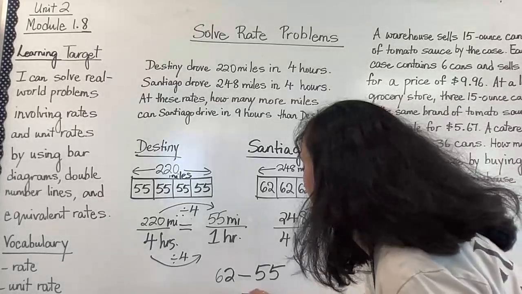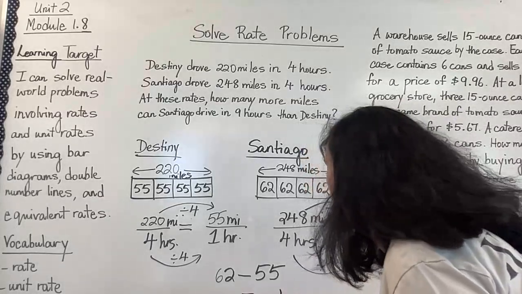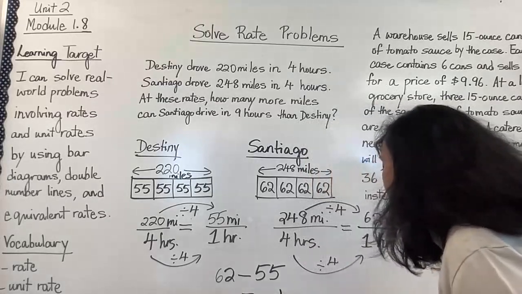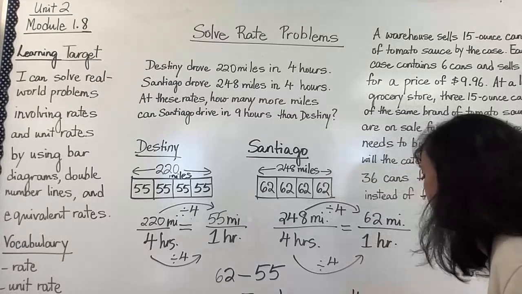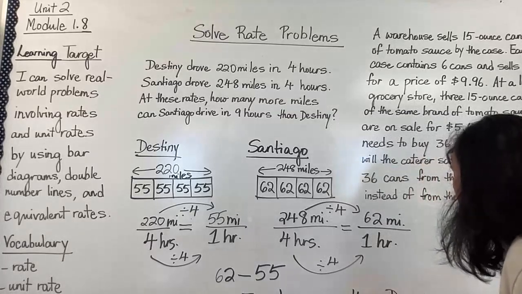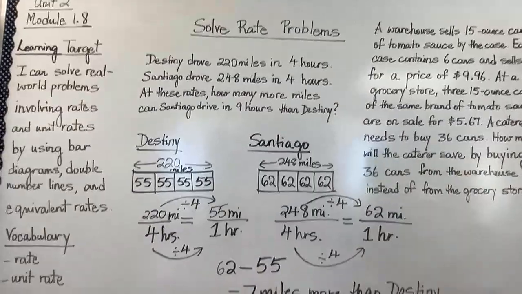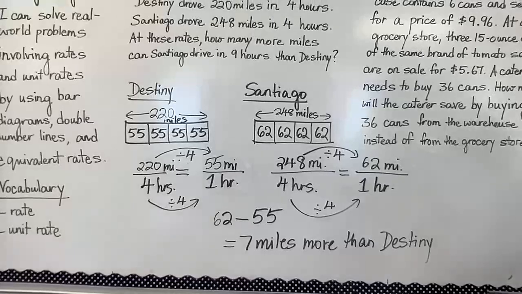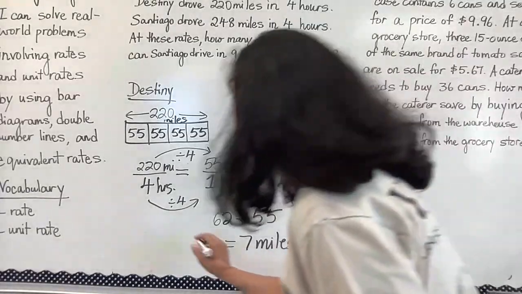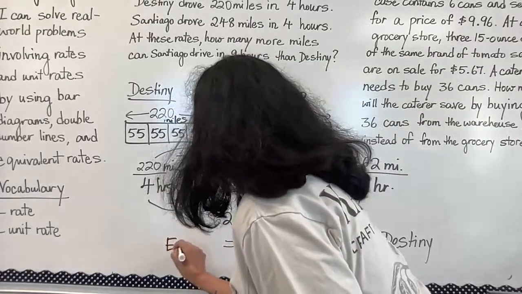So this gives me 7 miles more than Destiny. This is in each hour. In each hour. Okay, 7 miles more than Destiny. And so this is in 1 hour. Okay, so each hour it's this much.